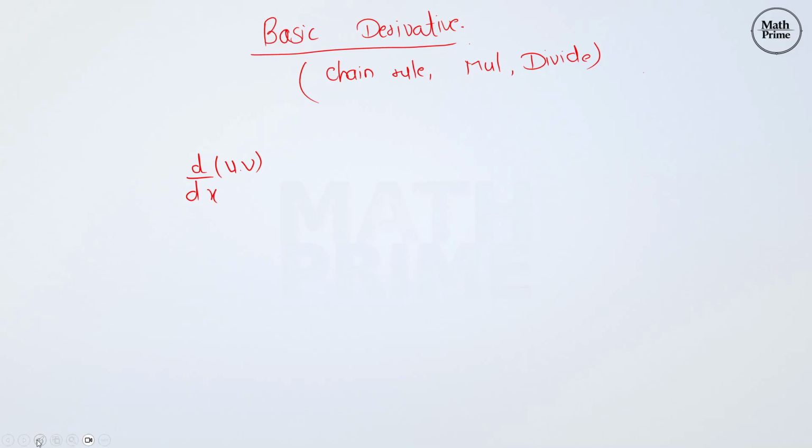Now derivative of this is simply, this is our first function, this is our second function. First function as it is, and dv upon dx plus second function as it is, and du upon dx.